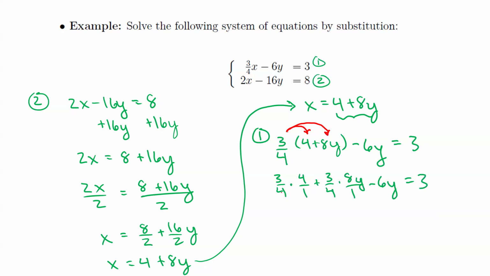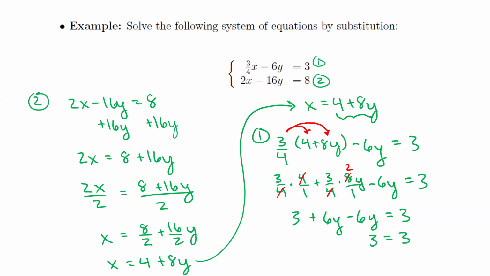Now let's see what happens. We do have some nice reducing that can happen here. Divide by 4, divide by 4. Here we can divide by 4 on top and bottom, and that leaves us with a 2. So after all that canceling, we end up with 3 plus 6y minus 6y is equal to 3, which strangely then simplifies to 3 equals 3.